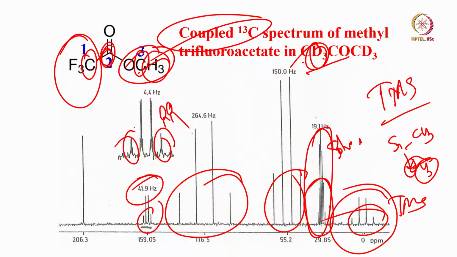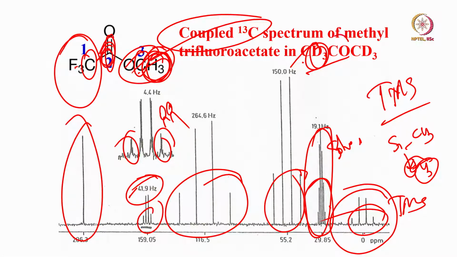What does it mean? That means this carbon is also coupled to these 3 protons. So, this is a quartet because of these 3 fluorines, and each line of the quartet is further split into a quartet because of these 3 protons. So, this is also understood. This is this carbon. Now, what is this isolated peak which is coming here? Where is it coming from?